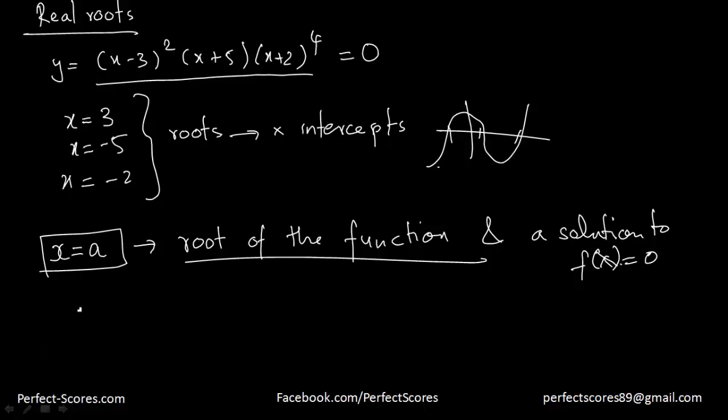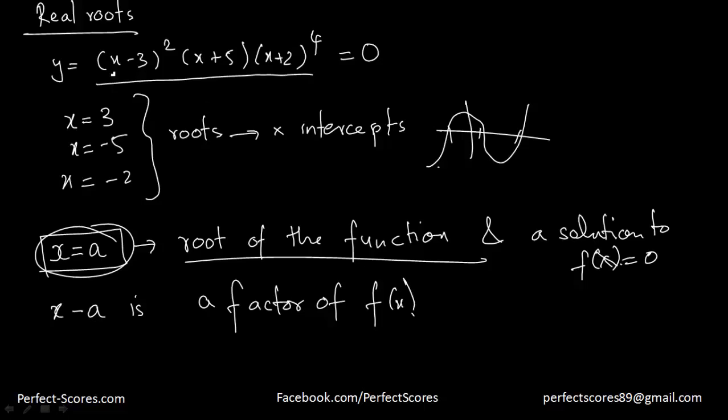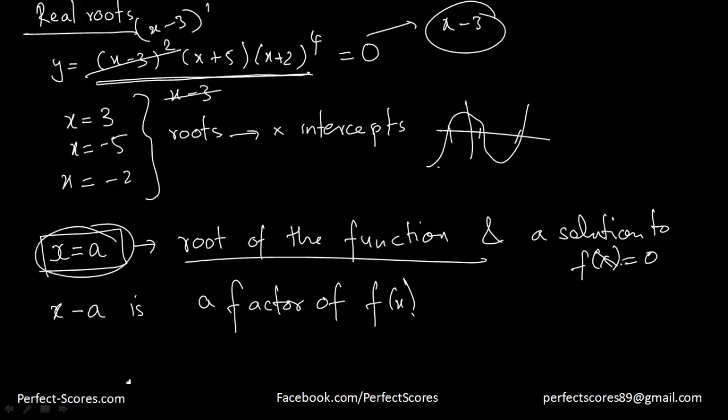So if f of x equal to 0, that means x is equal to a, that means x minus a is a factor of f of x, isn't it? As you can see, x minus 3 is a factor of this function. If you divide this function by x minus 3, it will cut this and you'll be just left with this. So that means if x is equal to a is the root of the function, that means x minus a is a factor of that function.